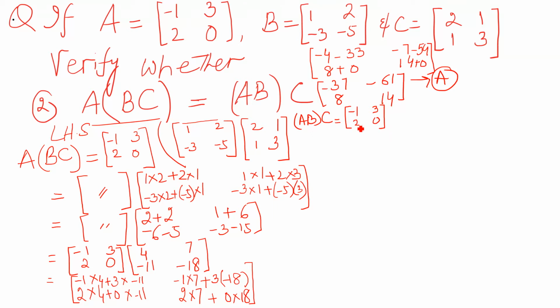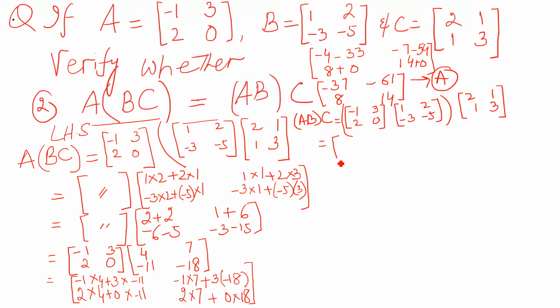So minus 1, this is A, 3 to 0, and B is negative 3 and 5, and this is in the parenthesis. For C we have 2, 1, 1 and 3. First we will solve whatever is here.